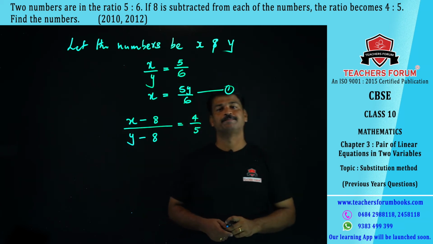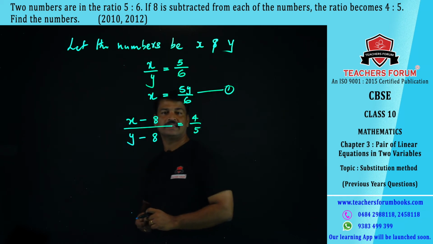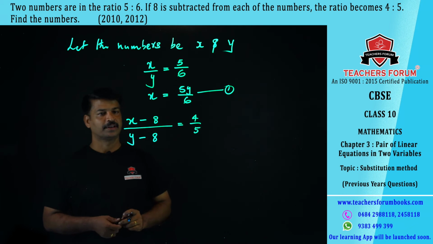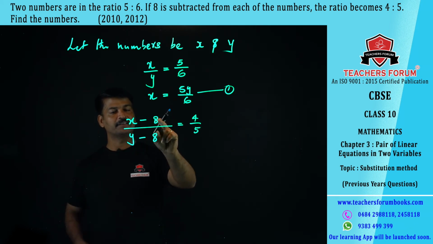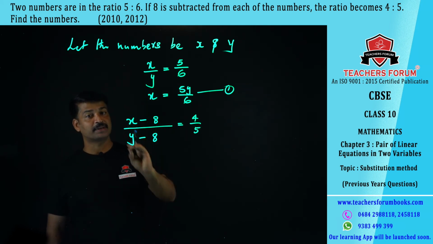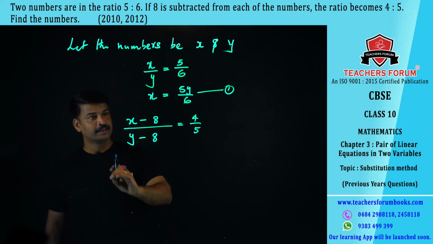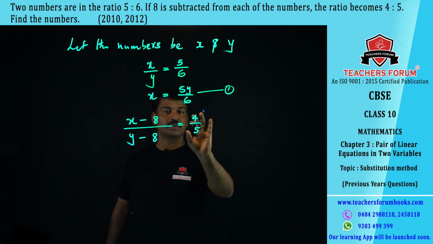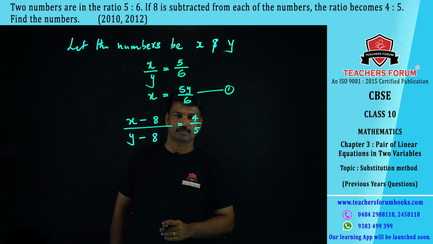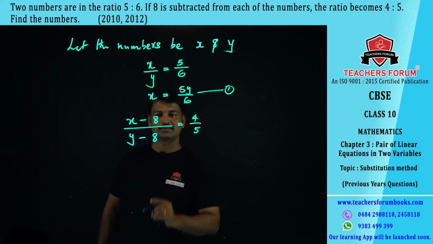Is it clear? The given numbers are x and y. Here we subtracted 8 from x and we subtracted 8 from y. Then the ratio of the numbers becomes 4:5, that is 4/5. Now let us cross multiply.